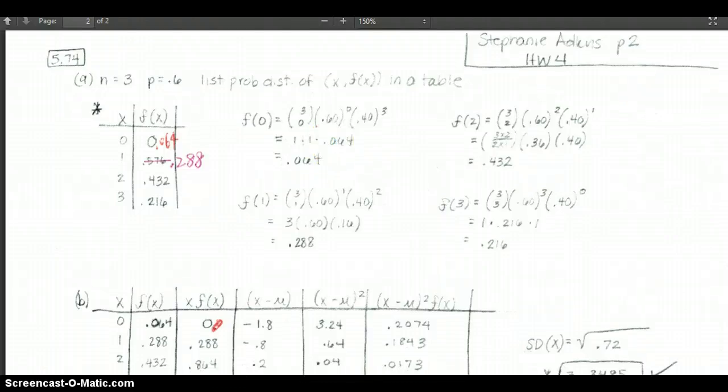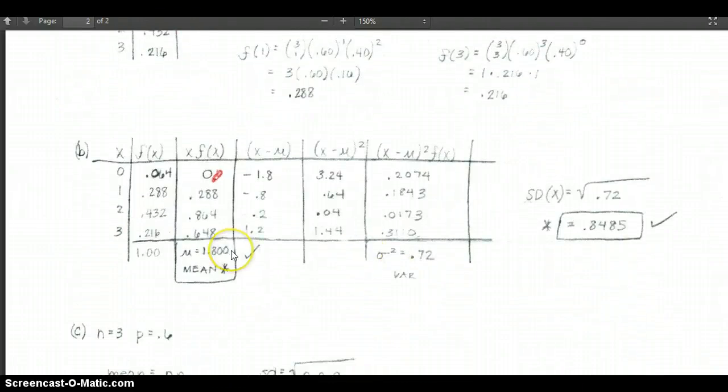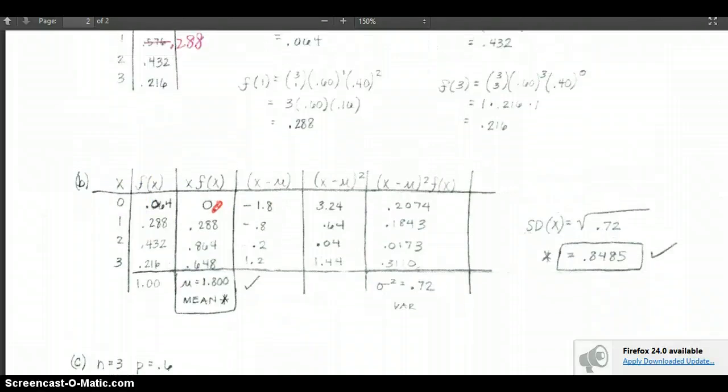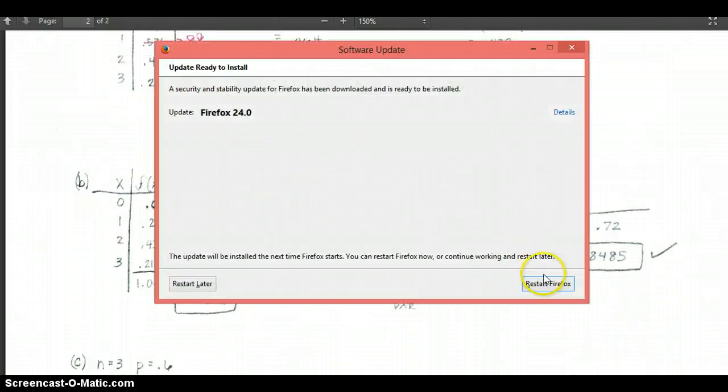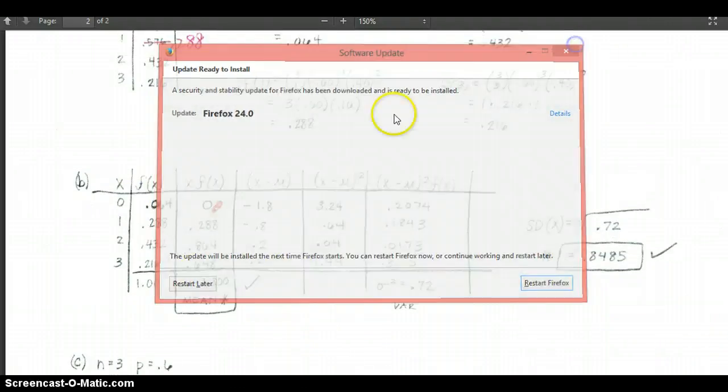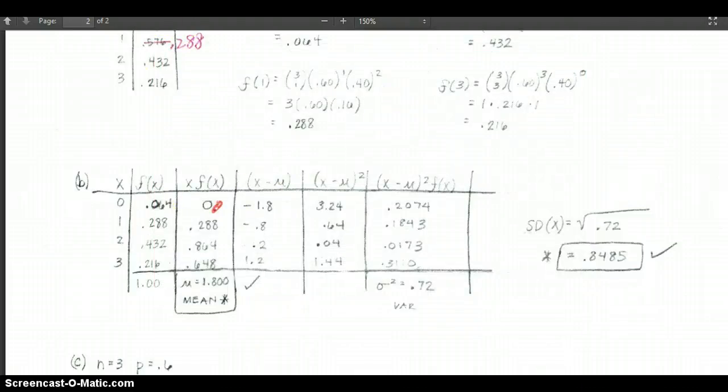And that's part A. For part B, we want to find the population mean and the standard deviation. We use the table right here that we just found.